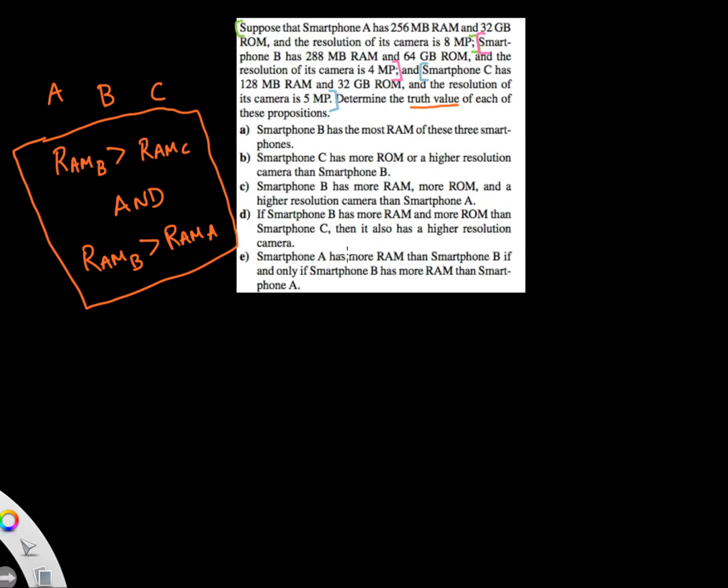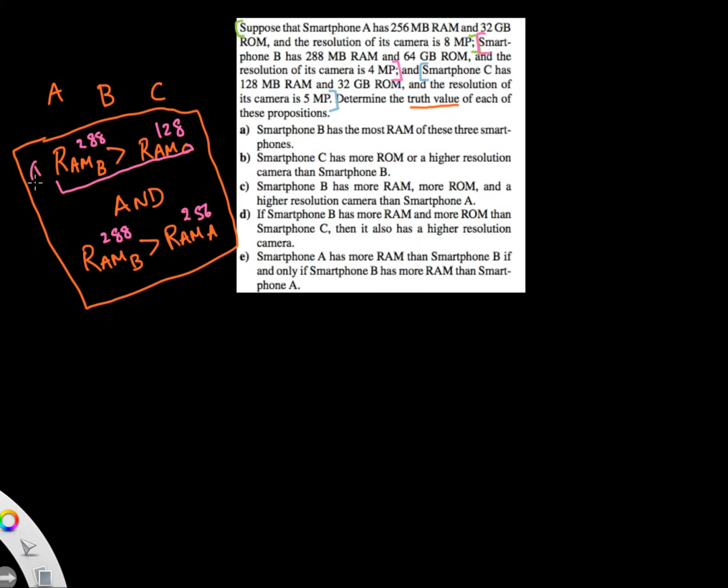So let's just put in our values here. The RAM for B happens to be 288. The RAM for smartphone C is 128. Well, this is definitely true: 288 is greater than 128. And likewise, the RAM for B, which is 288, is greater than the RAM for A, which happens to be 256. And this piece over here is true.